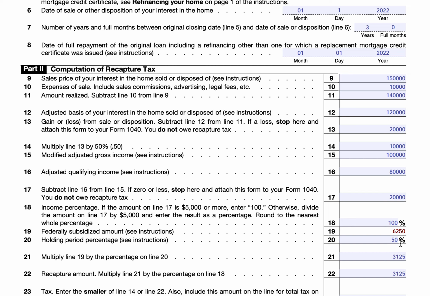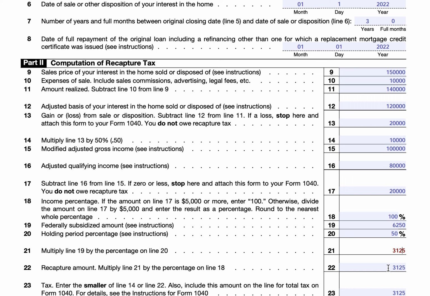You multiply the line 19 amount by this percentage, we get 31.25, and then we're going to multiply this amount by the percentage here, the income percentage. That's 100%. Now to calculate the actual tax, we're going to take the smaller of line 22 versus the line 14 amount.